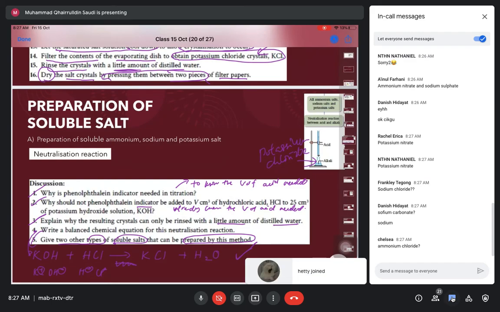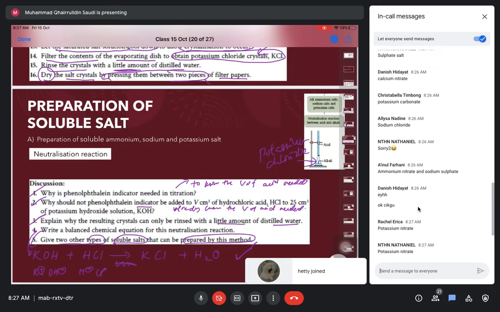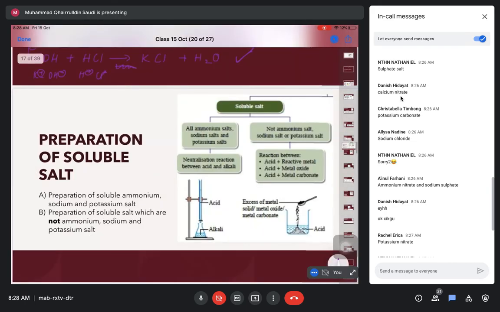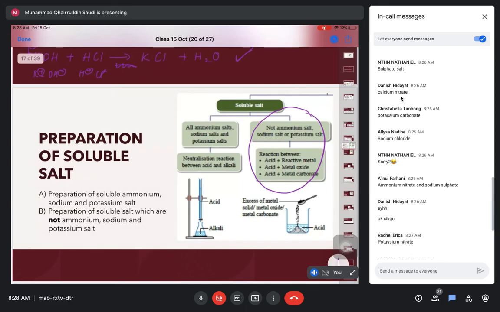Okay, other salts like the example Danish mentioned earlier, calcium nitrate salt. It does not have ammonium, sodium or potassium in it. So we cannot use this one. We don't use this titration method or neutralization between acid and alkali. We will use this other part.